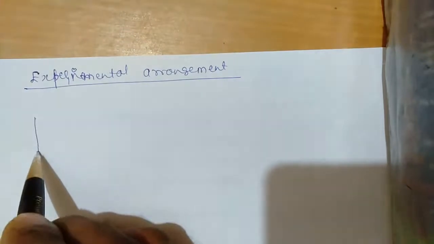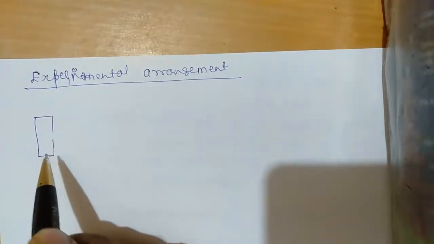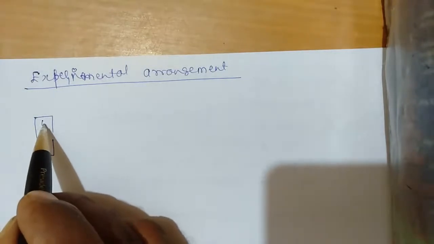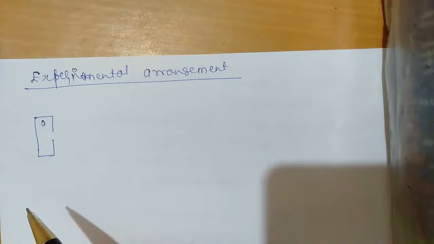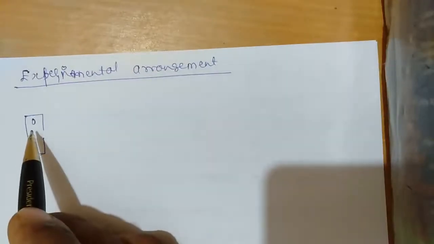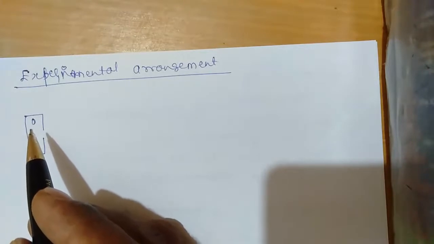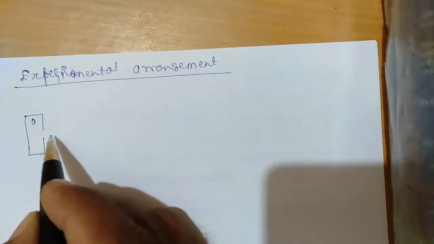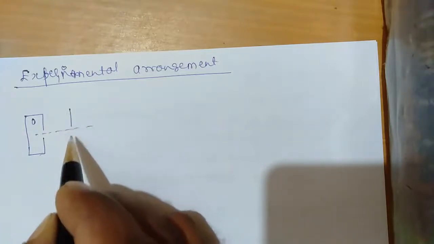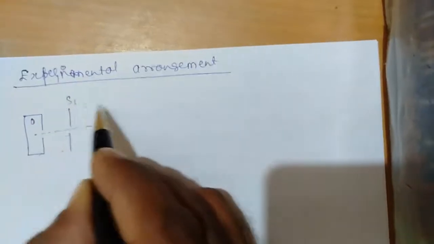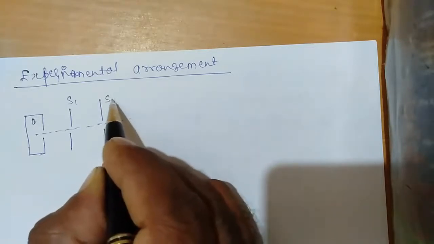So the Stern-Gerlach experiment: the experimental arrangement consists of an oven where the silver atoms are heated to a certain temperature. The silver atoms coming out of this oven O pass through slits S1 and S2, so we have a narrow, linear beam of silver atoms.